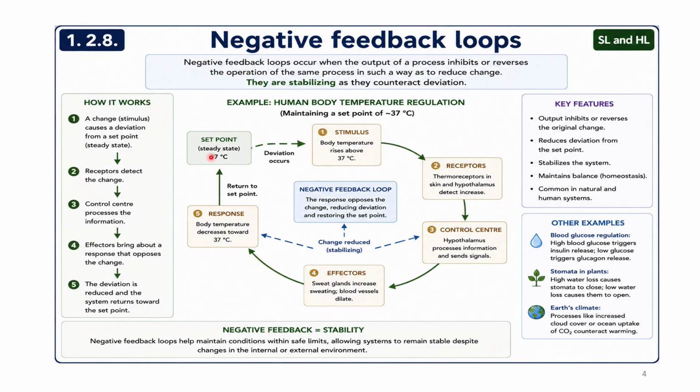Similar mechanisms occur in nature. For example, rising atmospheric carbon dioxide can stimulate plant growth, increasing carbon uptake and helping reduce carbon dioxide levels. Negative feedback loops are essential because they maintain stability and resilience in both biological and environmental systems.